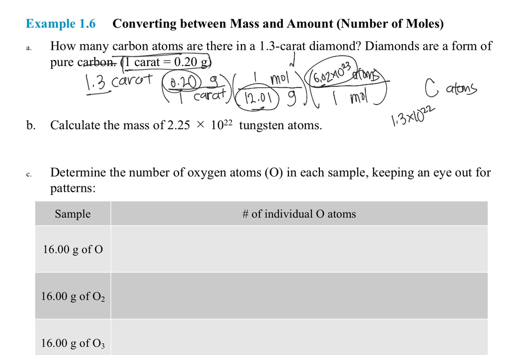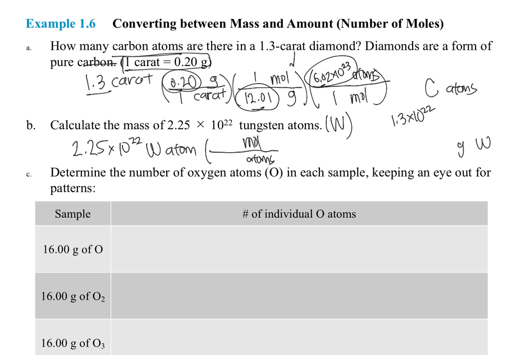Now for this next one, we have tungsten. Now, just so you know, tungsten is element W. Don't ask me why it's W. It has to do with old naming. You just have to kind of know. We are starting with 2.25 times 10 to the 22 atoms of tungsten. And I want to get to grams of tungsten. So we want to get out of atoms and into moles.